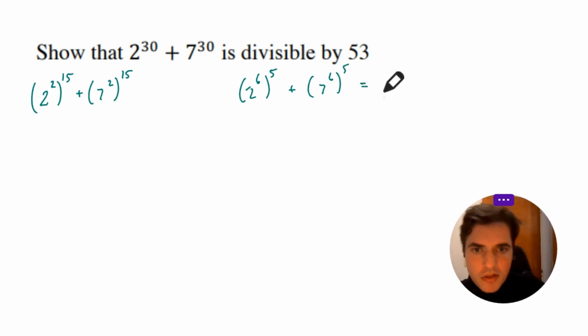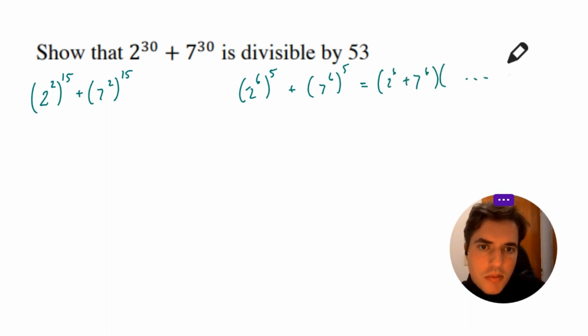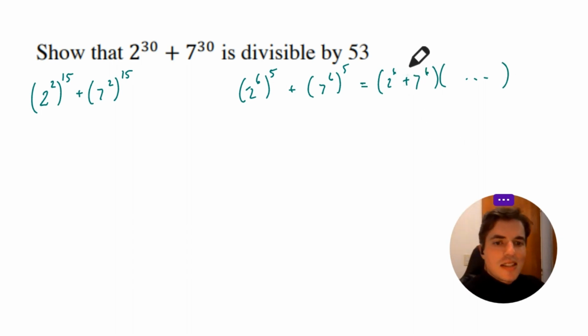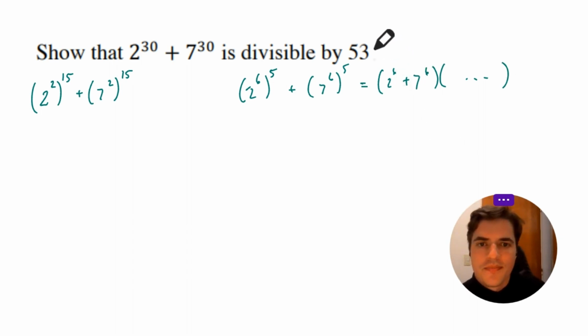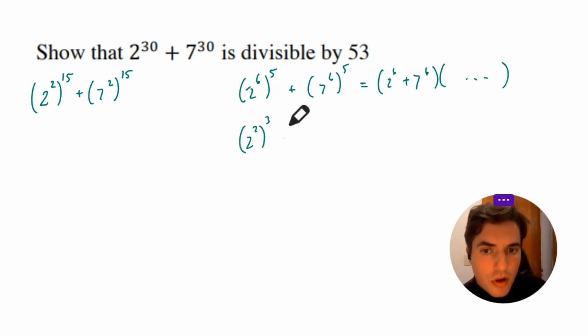And once again, go about factoring. We'd have 2 to the 6th plus 7 to the 6th times something. 2 to the 6th, yes, we can do, and it's not much bigger than 53, but it's bigger than 53. 7 to the 6th is definitely bigger than 53. So we'd need to continue, and once again, we'd be left with 2 squared to the 3rd plus 7 squared to the 3rd.